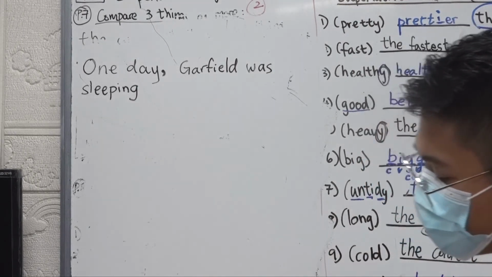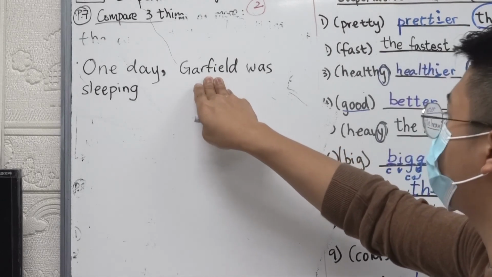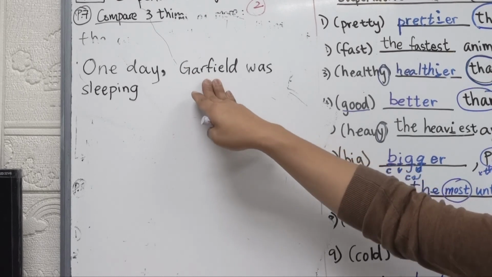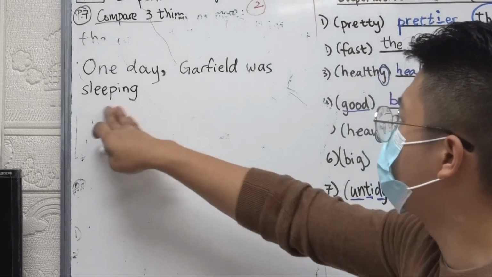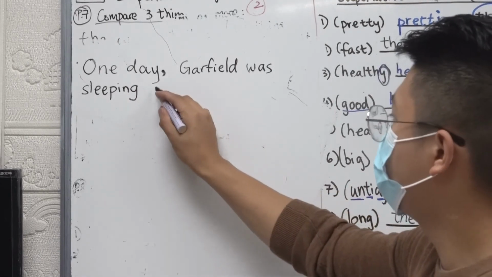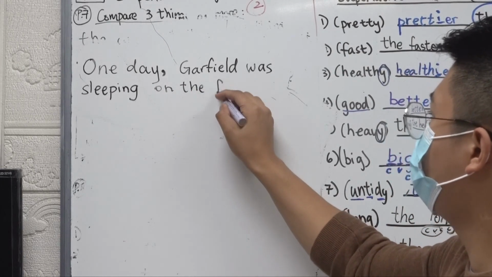Sleeping where? So we have the person or the people or the thing in the story. We have Garfield already. Now we can talk about where. We also have what he's doing. So he's sleeping. Where? On the floor.